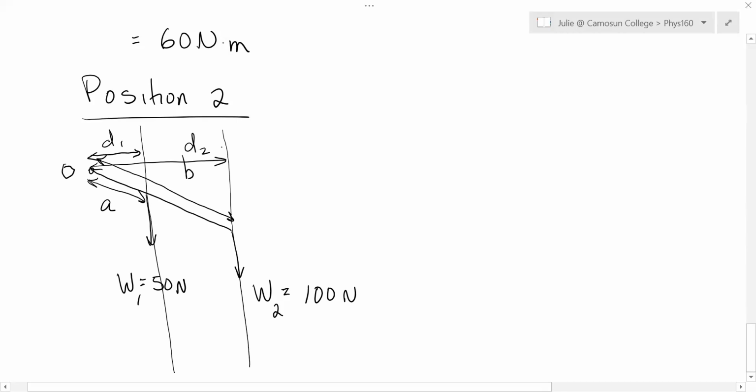So now the question is, what are D1 and D2? Well, we're going to have this triangle once again. I said we're going to see these right-angled triangles all over the place, and here's another one. D1 is the perpendicular distance to the line of action. This side of the triangle is the line of action of the force.